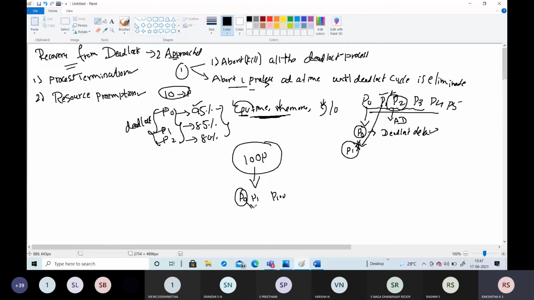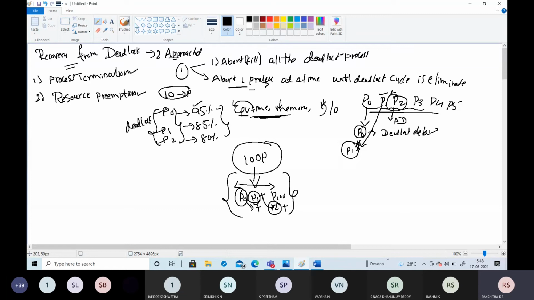Testing P0 and applying the deadlock detection algorithm, then checking P1, and applying deadlock detection again for another process. It will take a huge amount of time to detect whether a deadlock has occurred or not. That is also a disadvantage we face in the second technique. So this is about process termination.